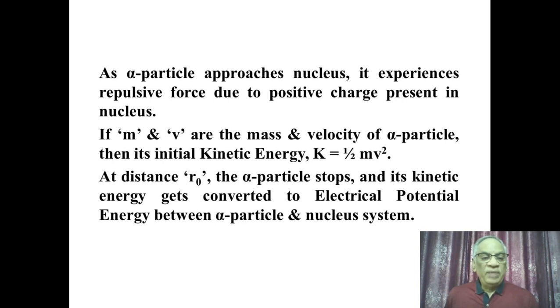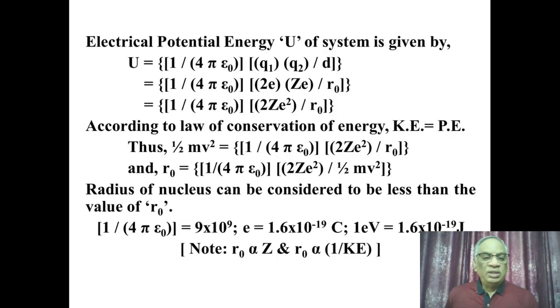If m and v are the mass and velocity of the alpha particle, then its kinetic energy is K = ½mv². At the distance r0, the alpha particle stops and its kinetic energy gets converted to electrical potential energy. The electrical potential energy between two charges q1, q2 separated by a distance d is given by U = (1/4πε0) q1q2/d.